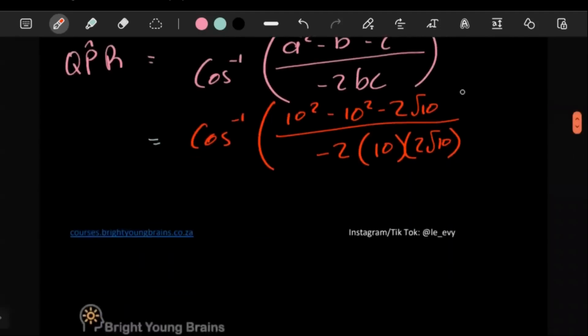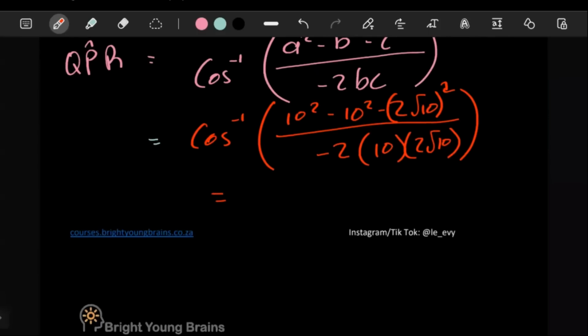So all this in the calculator. Let's see what we're gonna get. Fingers crossed, actually. Shift cos, and then we're gonna get a fraction. 10 squared minus 10 squared minus this. I forgot to square it. 2 square root of 10 squared. So that's interesting. 2 square root of 10 squared.